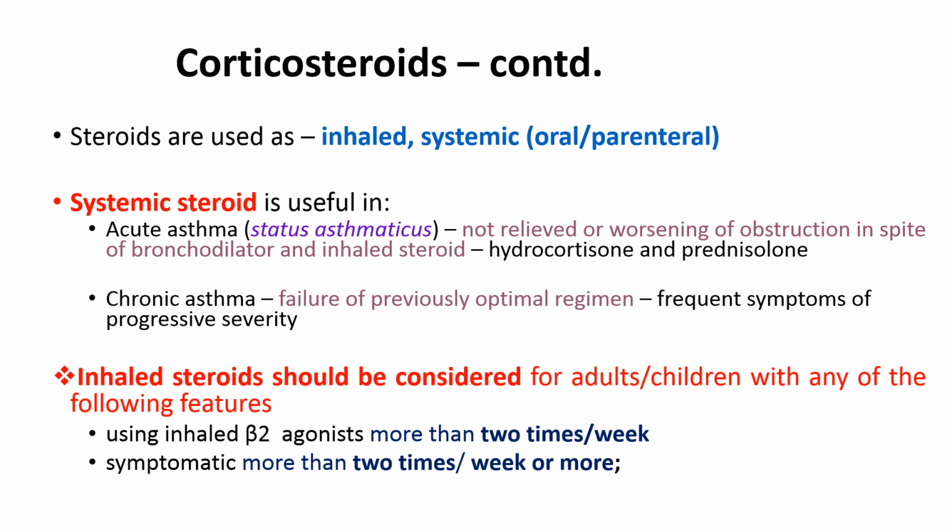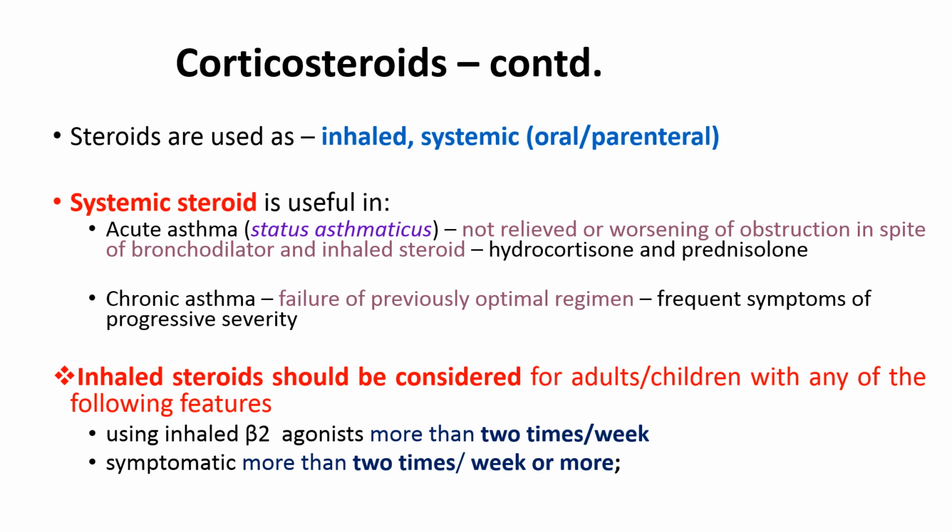The other aspect wherein systemic corticosteroid can be used is in chronic bronchial asthma, if you are not getting the desired response from the previous drug regimen, and the frequency of symptoms is progressively increasing. In that case, you can go ahead with systemic corticosteroid for a shorter period, and then you can taper the dose, and you can take a decision on a case to case basis.